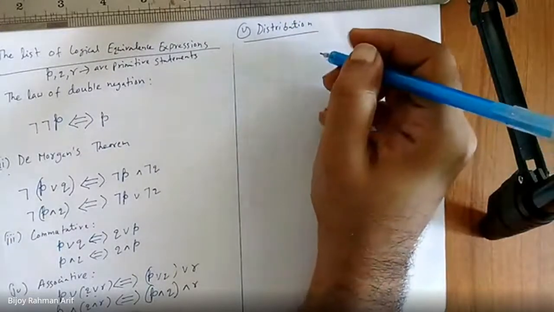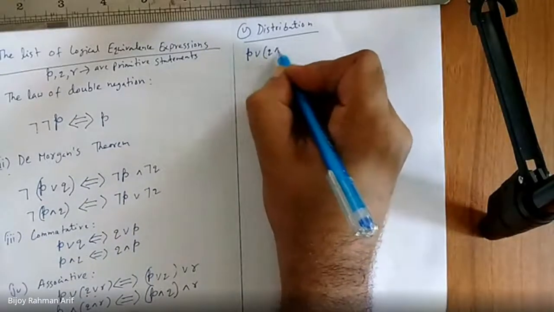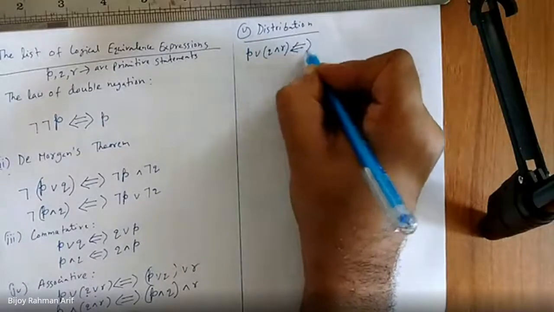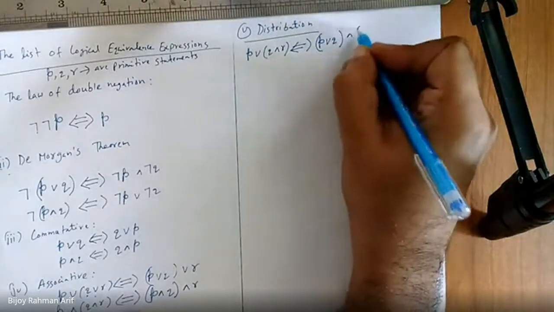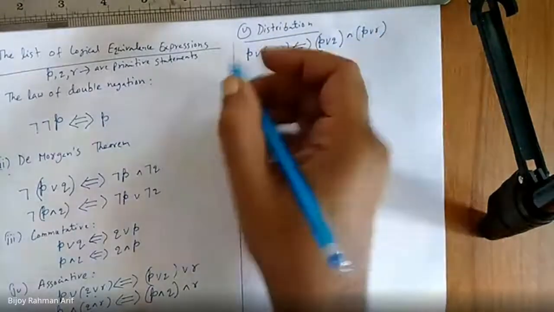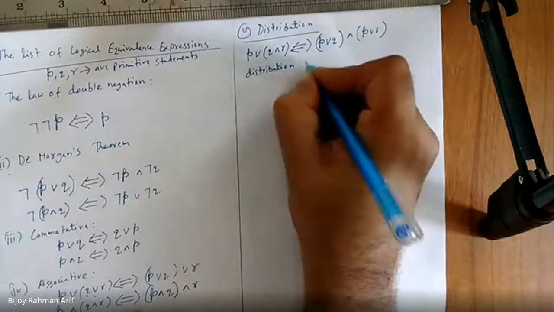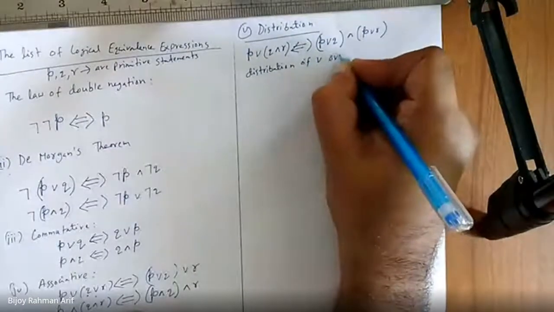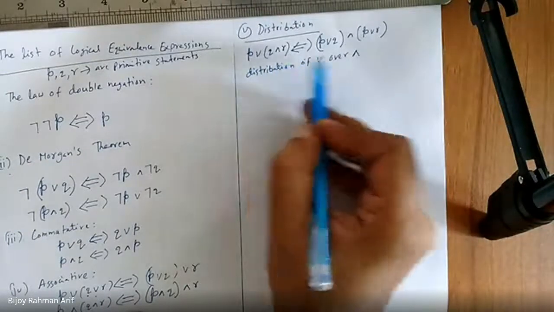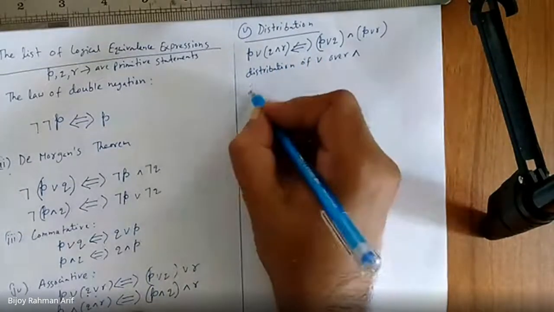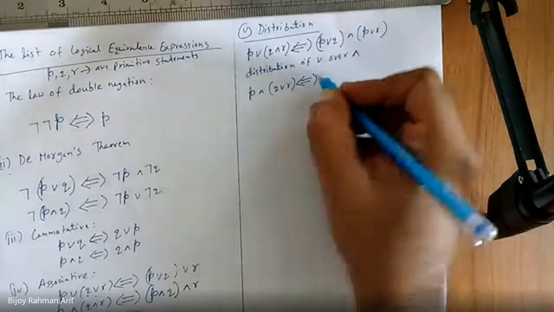Distribution. What is this? We have already seen. What is this called? Distribution of over. The operators are different. That's how you distribute. Another form is there. What would be this?